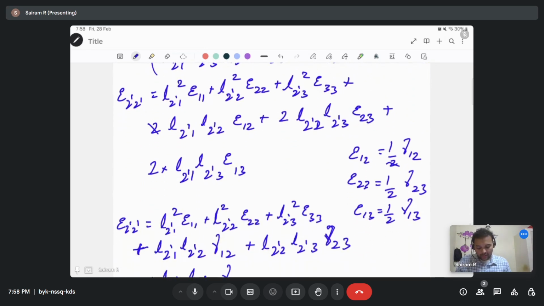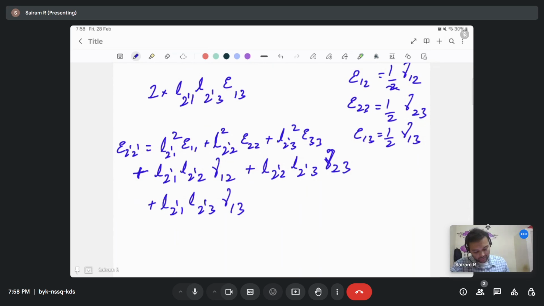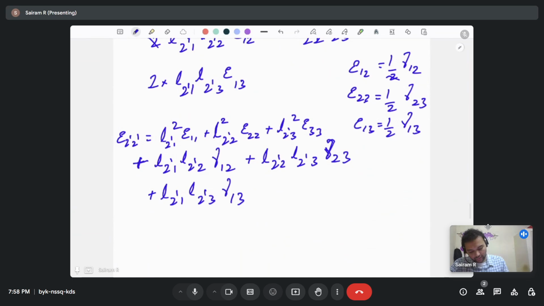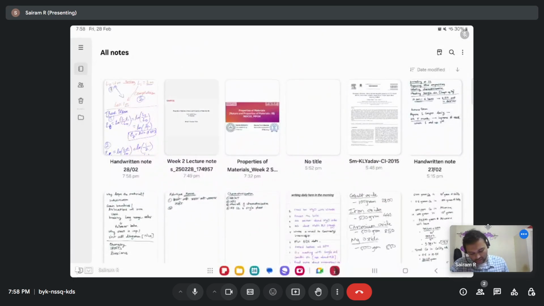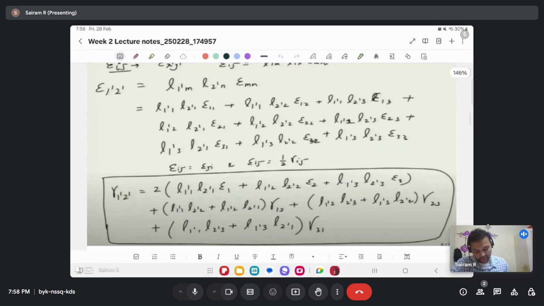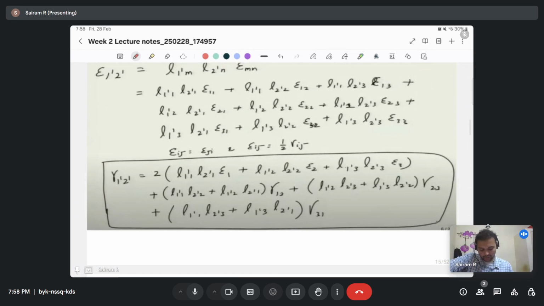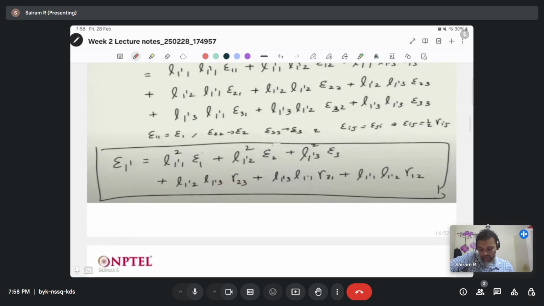I think this is in line with what we had already written for gamma 1' 2'. In the previous equation, epsilon 1' is L1'1 square epsilon 1 plus L1'2 square epsilon 2 plus L1'3 square epsilon 3 plus L1'2 L1'3 gamma 23 plus L1'3 L1'1 gamma 31 plus L1'1 L1'2 gamma 12.